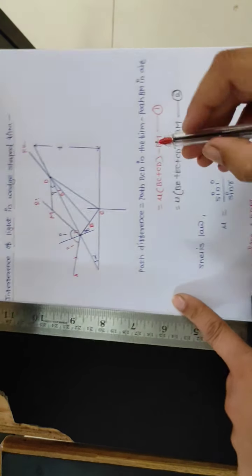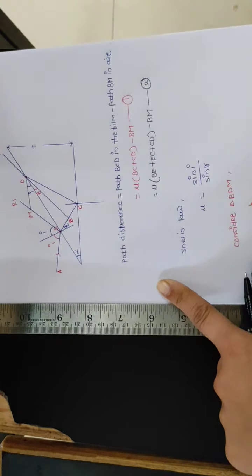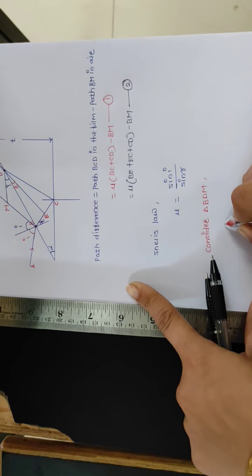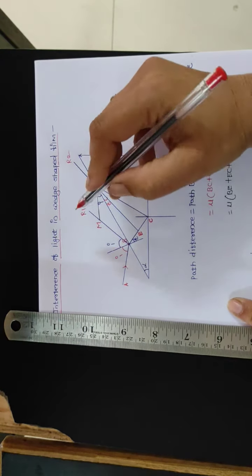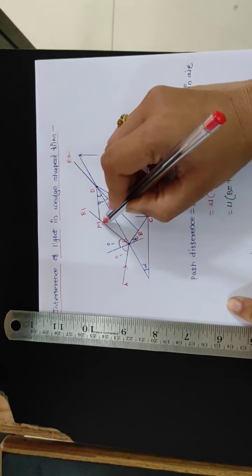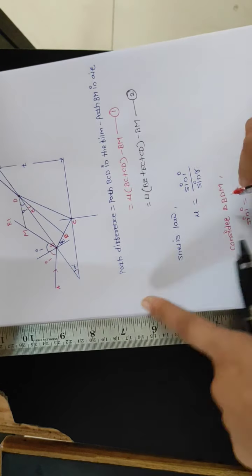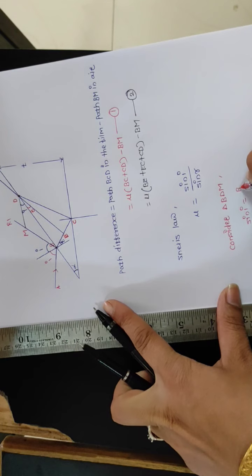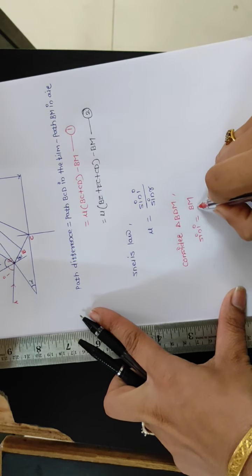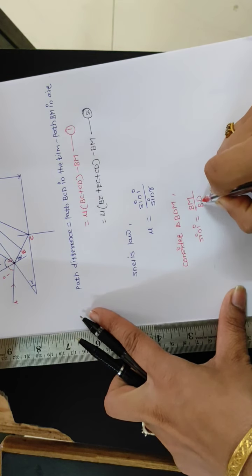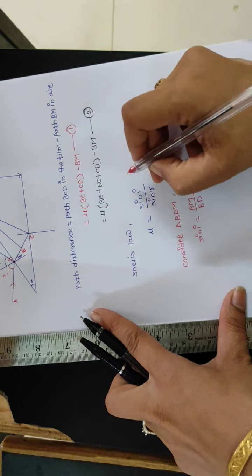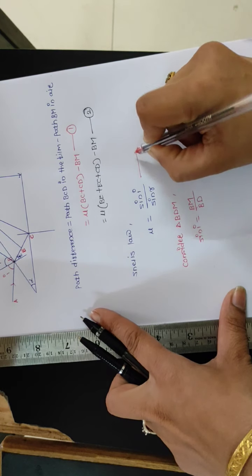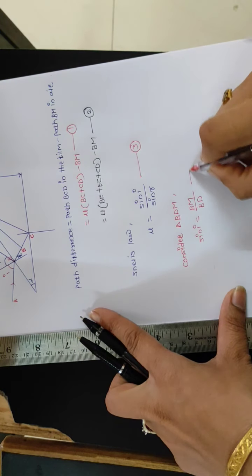From triangle BDM, sin i is equal to BM divided by BD. Here we give equation number 3. This is 4.